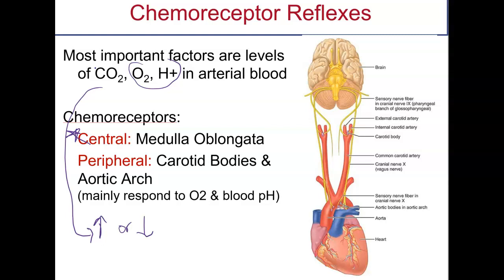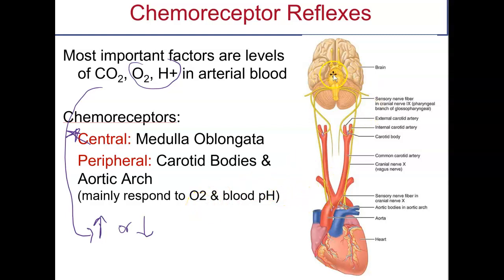So a lot of times you might think that the reason we breathe is because we need to take in oxygen. This is called our respiratory drive, like what makes you breathe in. But in fact, it's not that at all. It's because we have to get rid of CO2. So we are most sensitive to CO2 levels. Now, when we look at these peripheral ones, they mainly respond to your blood oxygen levels and your blood pH.